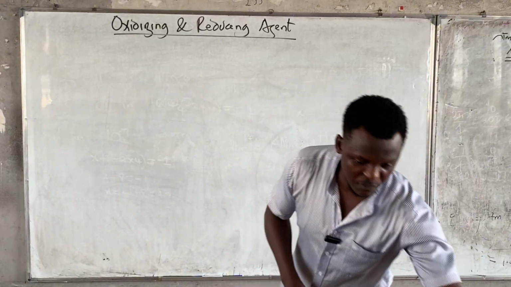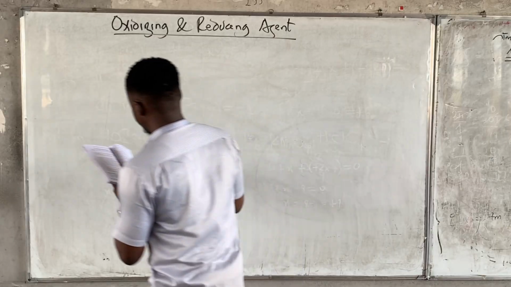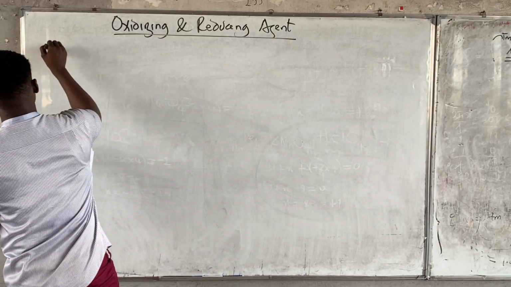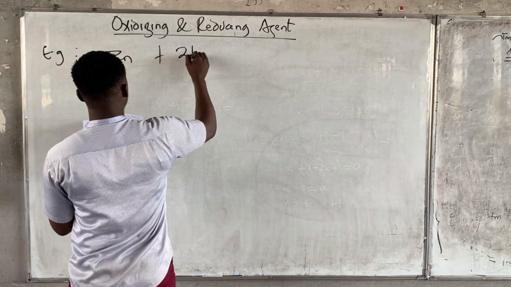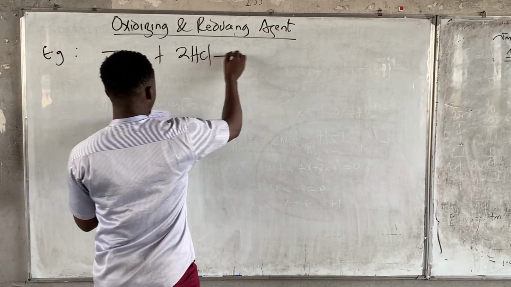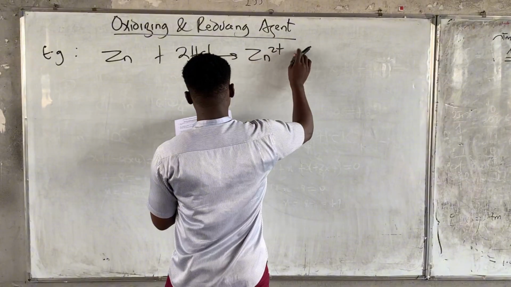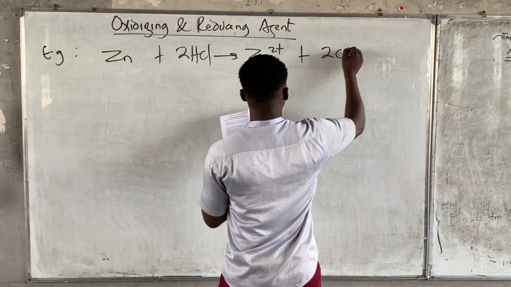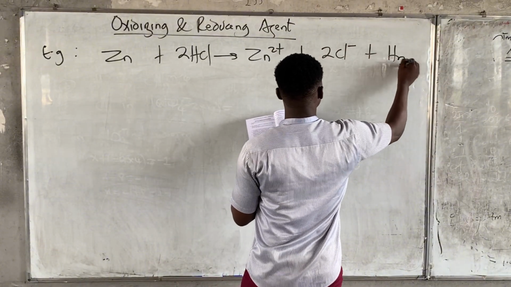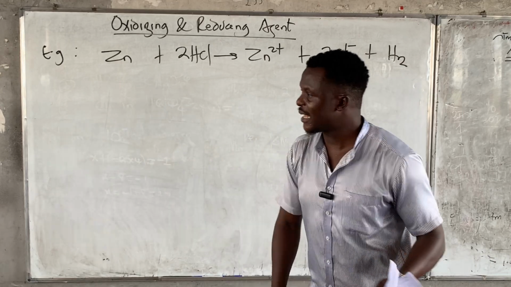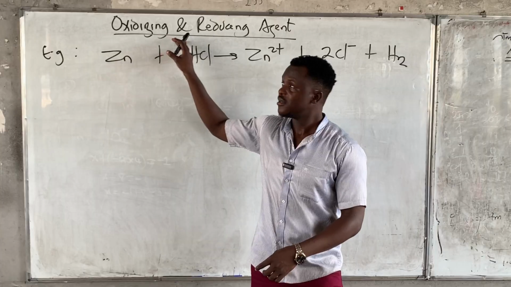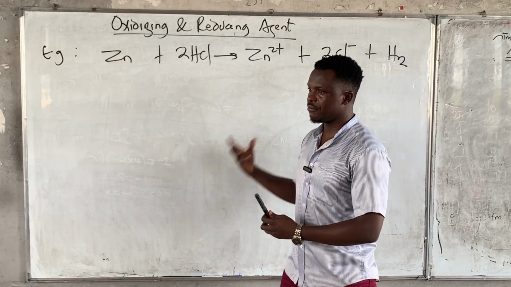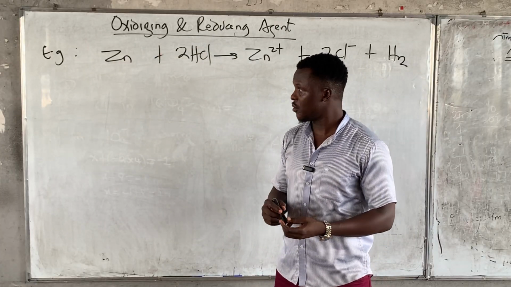Let me give you an example: zinc plus 2HCl, giving us Zn2+ plus 2Cl- plus H2. Class, look at this reaction here. I want to explain oxidizing agents and reducing agents while also showing how I explain oxidation number.